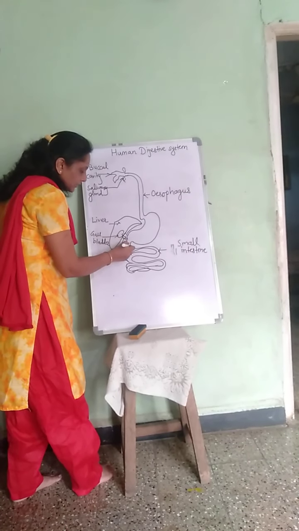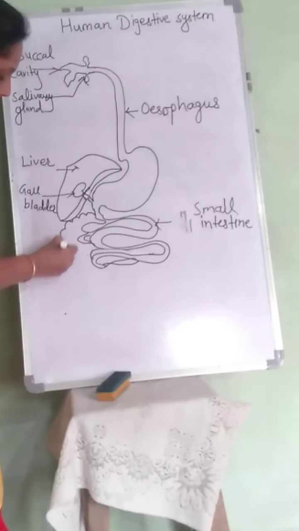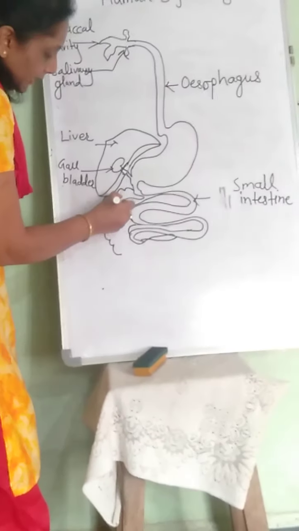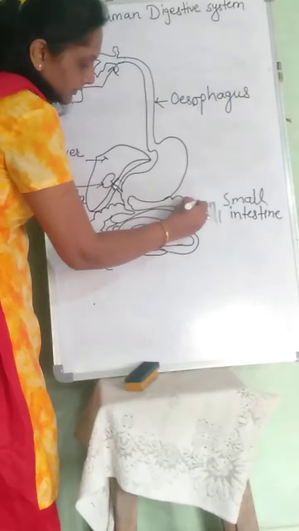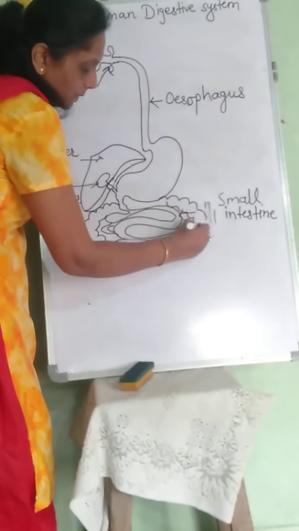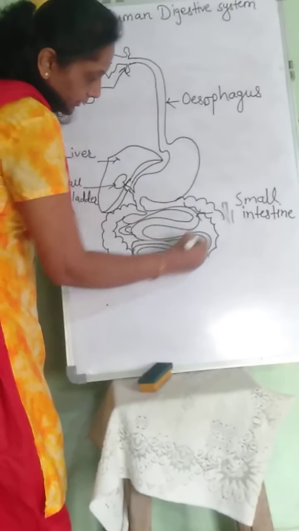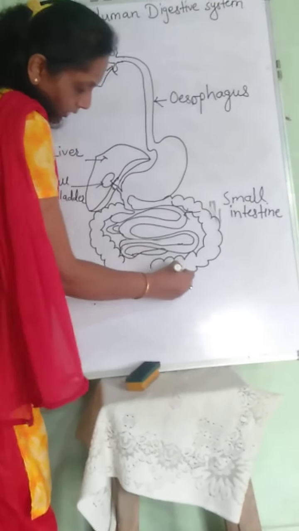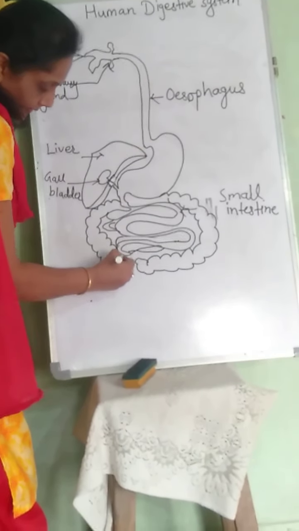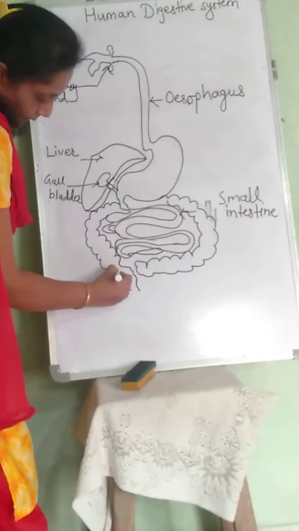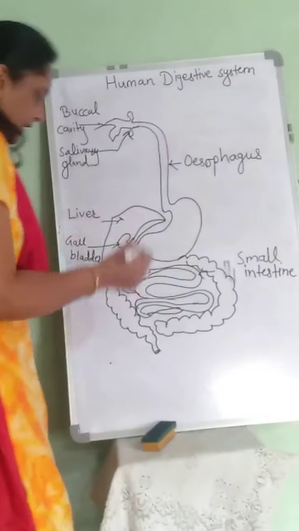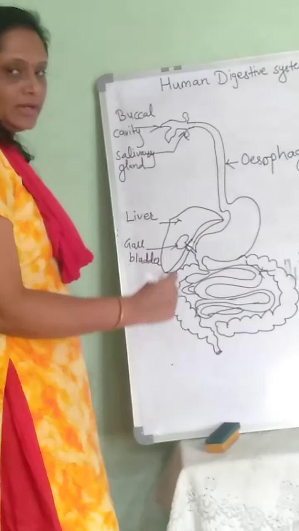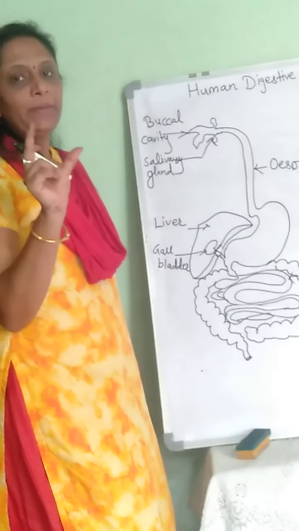Then it is further covered by another coiled tube, but bigger in diameter. This is called the large intestine, which is around the small intestine but bigger in diameter.